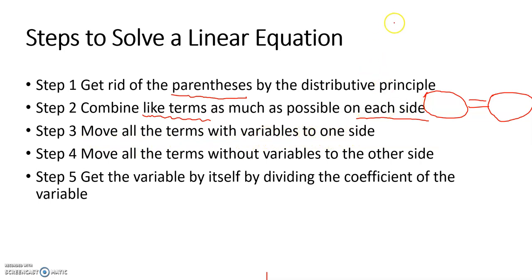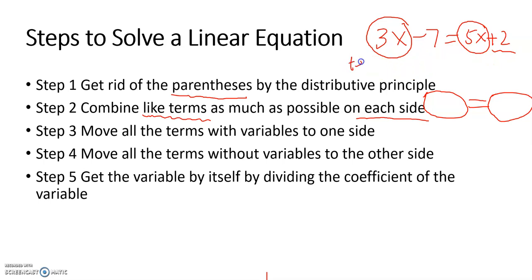So we know that, for example, if you have 3x minus 7 equals 5x plus 2, and notice on the left-hand side, there's a term with a variable x, but negative 7 does not have a variable, and 5x, that's a term with a variable, but plus 2 doesn't have it.